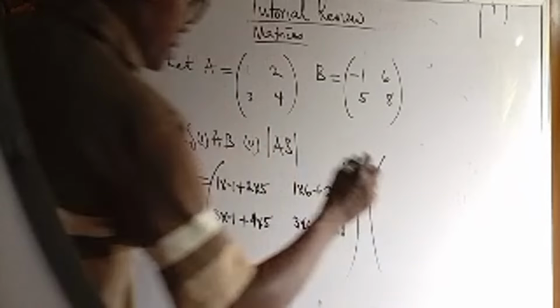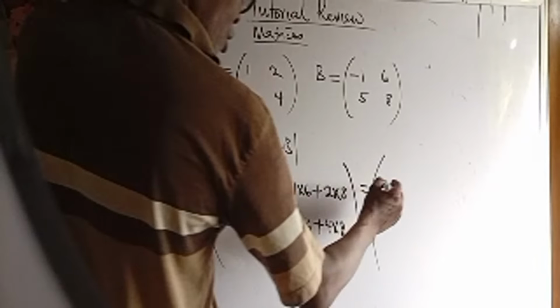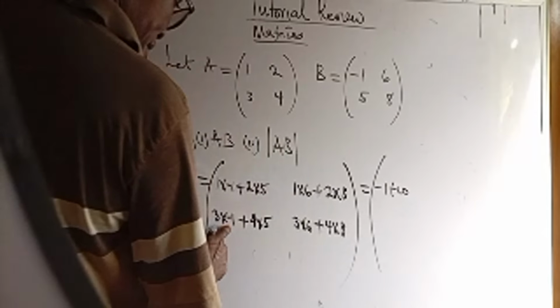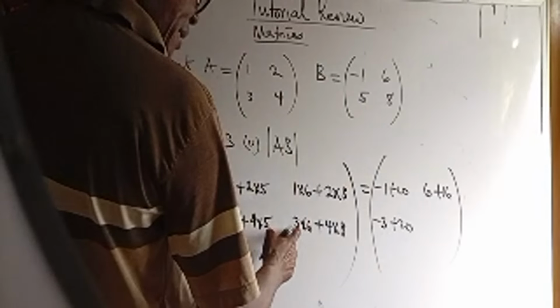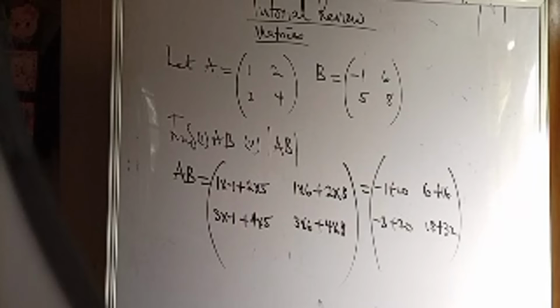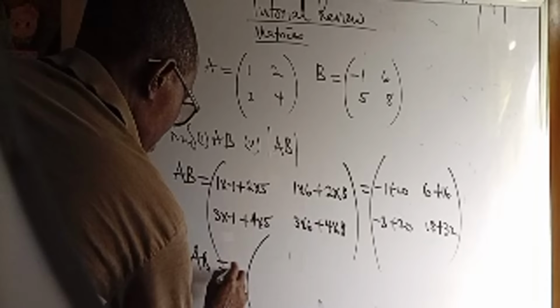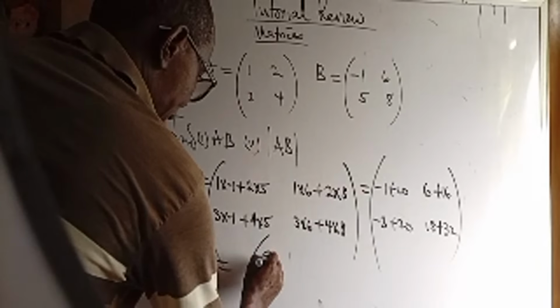So what is the result? 1 times minus 1 is minus 1, so minus 1 plus 10. Minus 3 plus 20. 6 plus 16. 18 plus 32. Good. So what is our result now? Let's just add straight off. AB now will be minus 1 plus 10, that's 9.